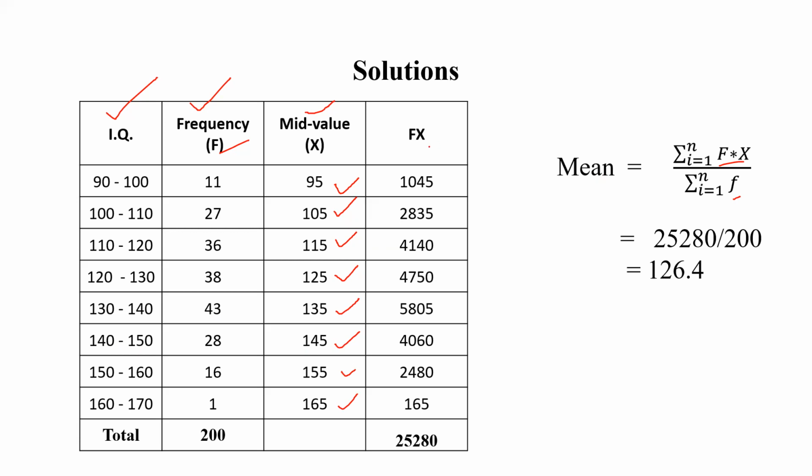Now according to the formula, we require summation f x. So f multiplied by x, so these corresponding values: 27 multiplied by 105 gives this value, 36 multiplied by 115 gives this value, 38 multiplied by 125 gives this one, 43 multiplied by 135 gives this one, 28 multiplied by 145 gives this value, 16 multiplied by 155 gives this value, and 11 multiplied by 165 gives this value.